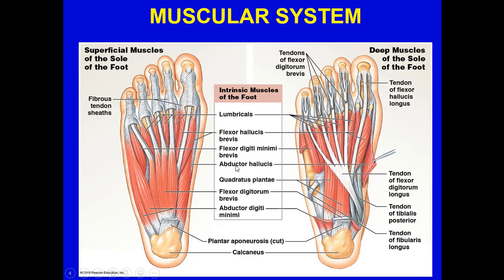Okay? The abductor hallucis right here. They had to pull that away. We get to see that tendon of the flexor digitorum longus. The quadratus plantae, which is right here. Okay, and you can see the flexor digitorum brevis right there.